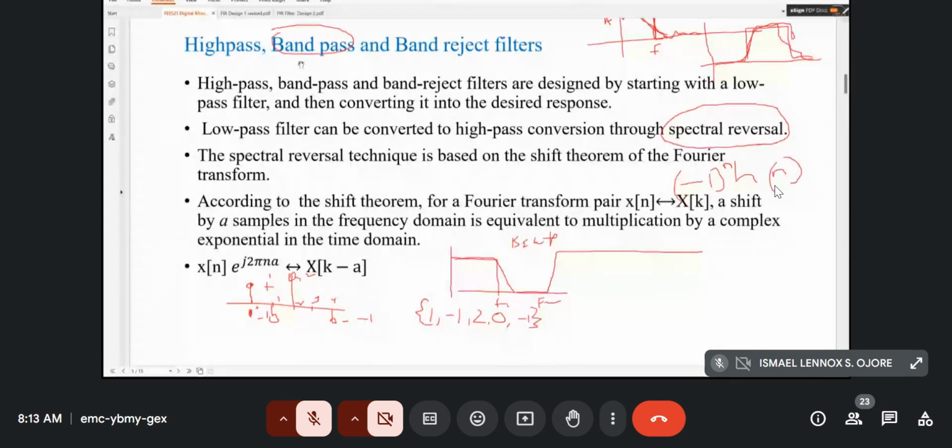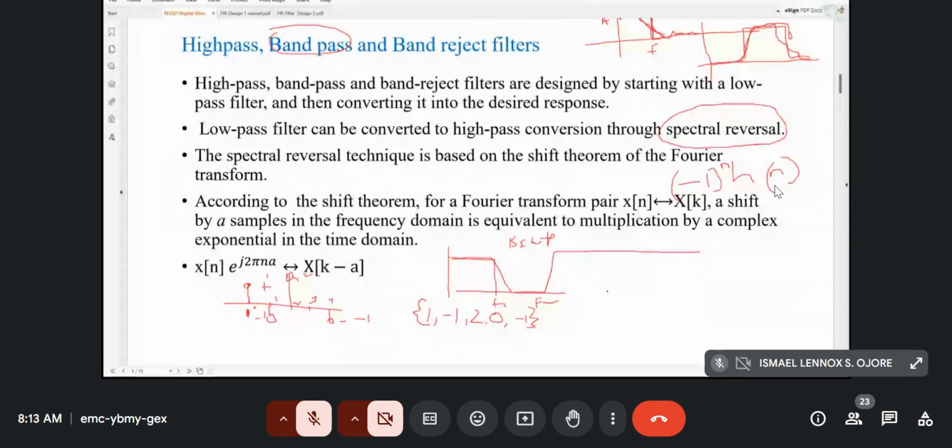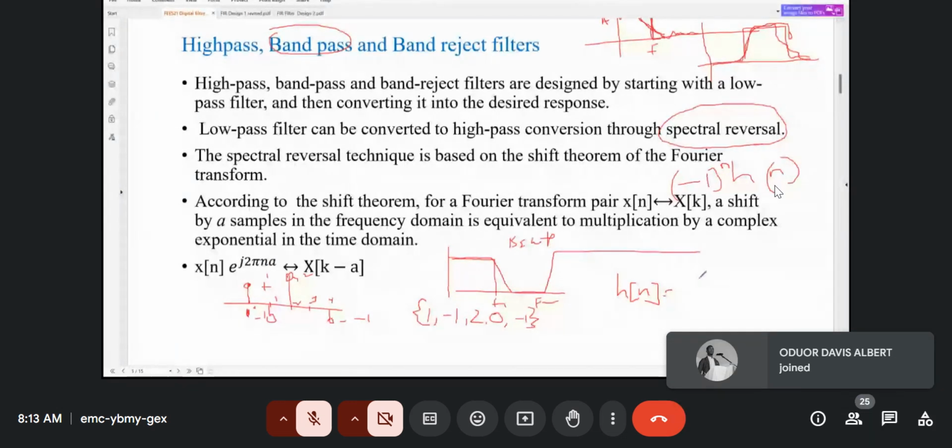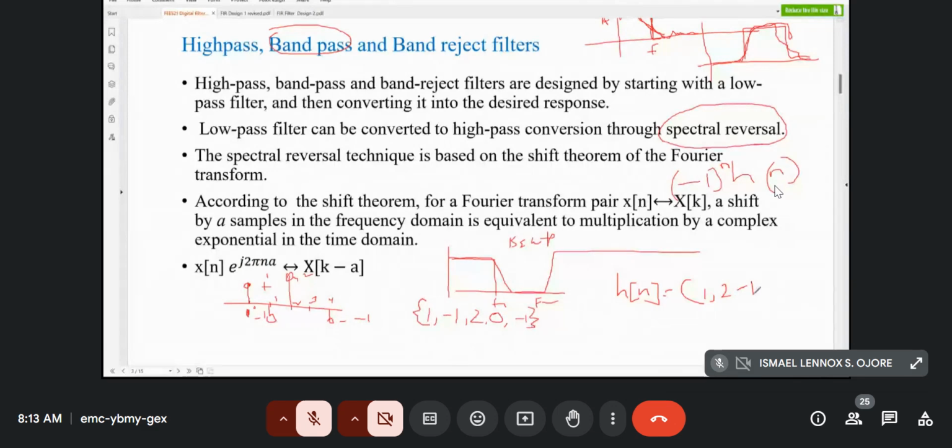So if your filter's h(n) is, let's say, 1, 2, -1, 3, 2, it has 5 coefficients.